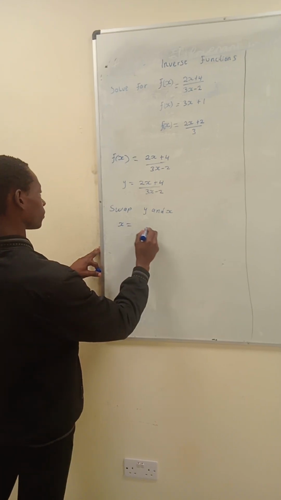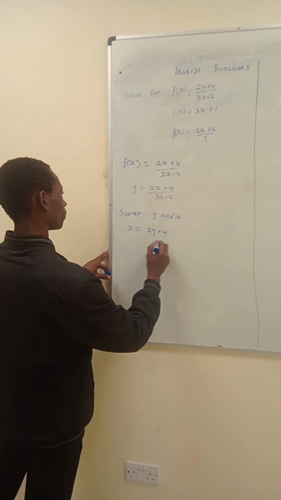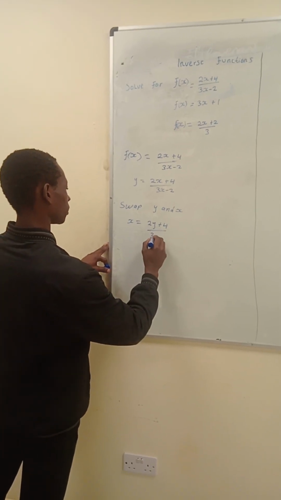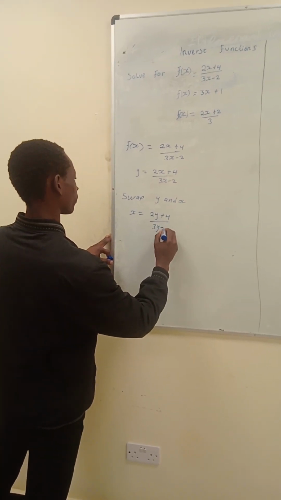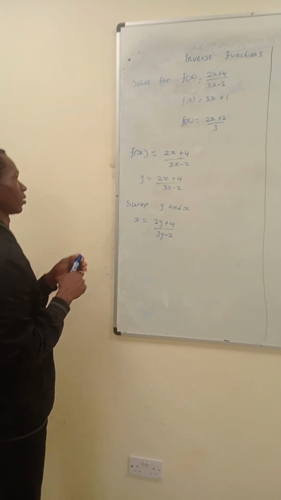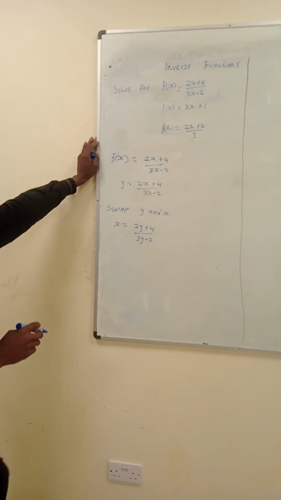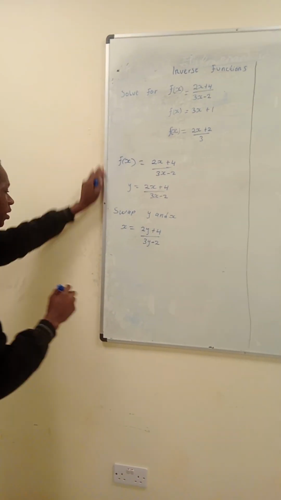So x is equal to 2y plus 4 all over 3y minus 2. That is the second step after swapping. So by this, we classify the equation, then we substitute.